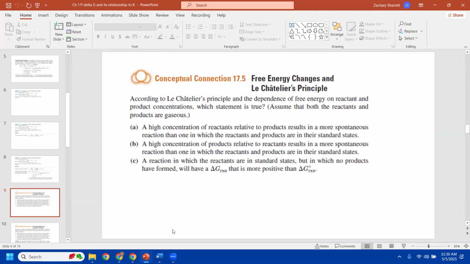Okay, let's do one last conceptual question before we move on to chapter 18. According to Le Chatelier's principle, what was Le Chatelier's principle, honey? Remember? That is something that I do plan on putting on the final exam because I like it and it's pretty straightforward. What was it, Kayla?